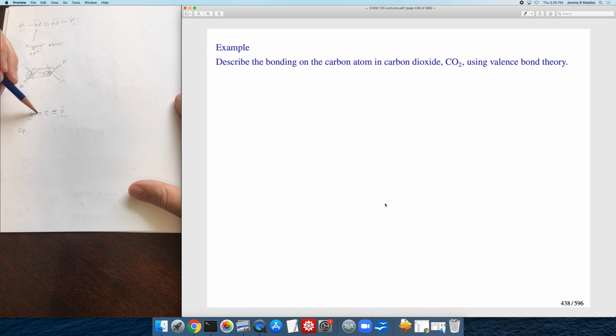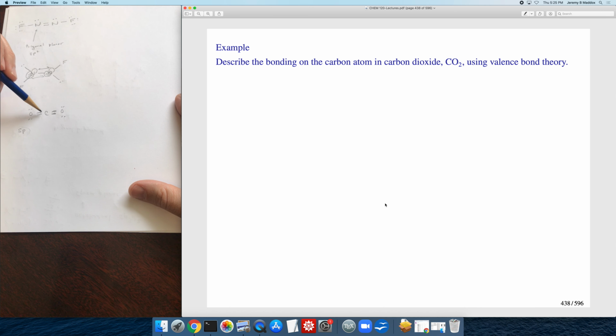The first sigma bond would be the overlap of an sp hybrid orbital with an orbital of oxygen. And then this second bond here would involve the overlap of an unhybridized p orbital on carbon and a p orbital on oxygen.